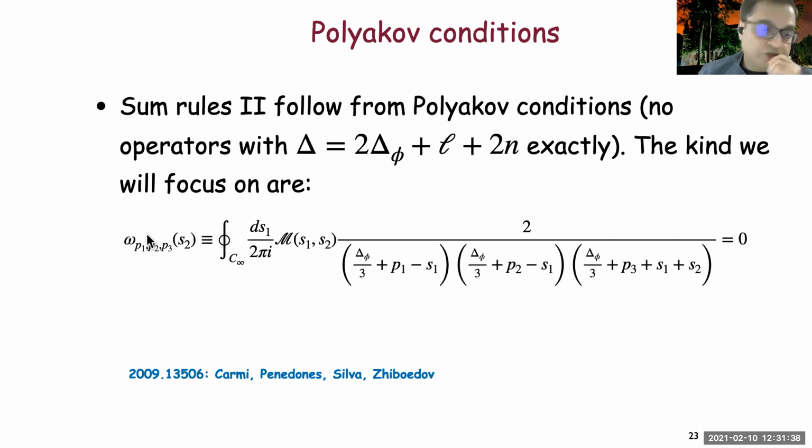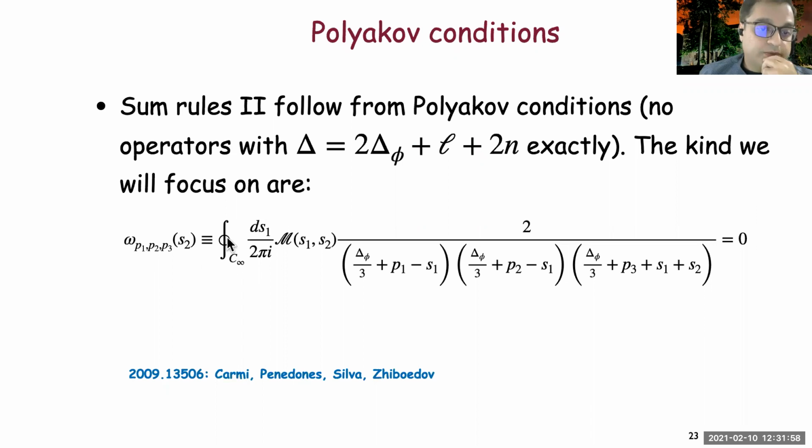Because I wanted to set the notation, I will compare the sum rules that we get from the crossing symmetric dispersion relation with these little omegas. That's why I wanted to use the notation that these folks used.